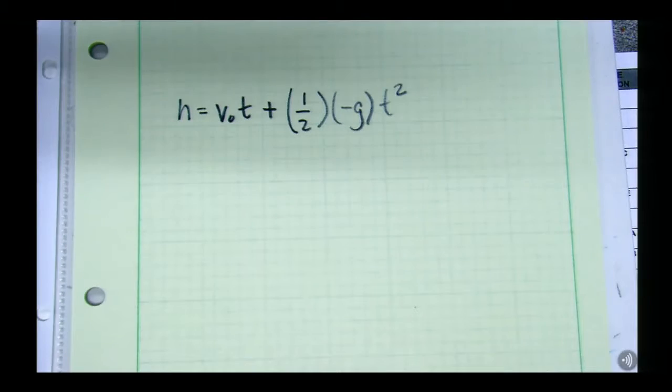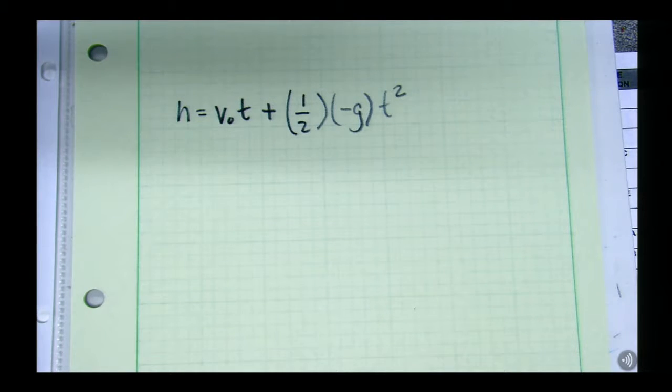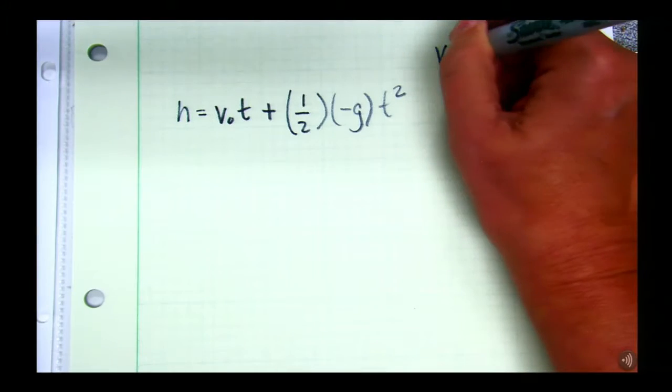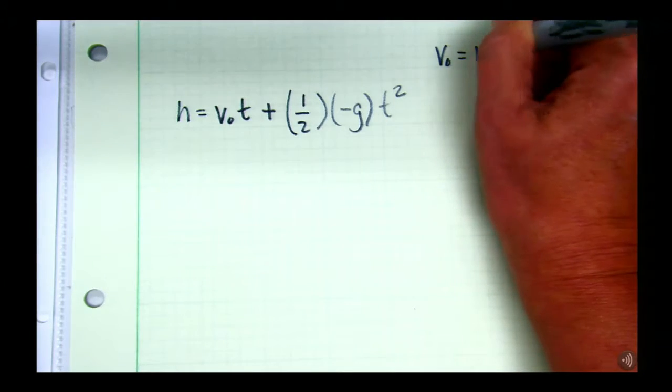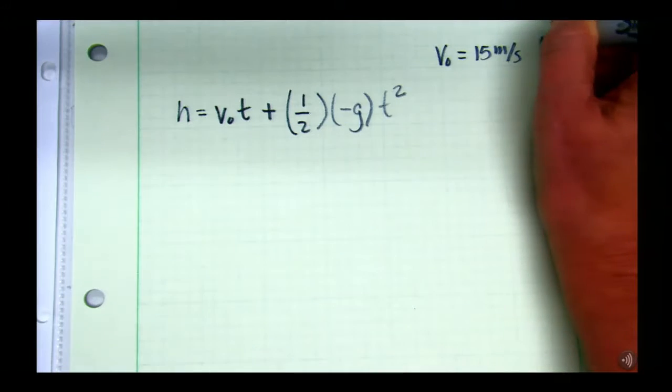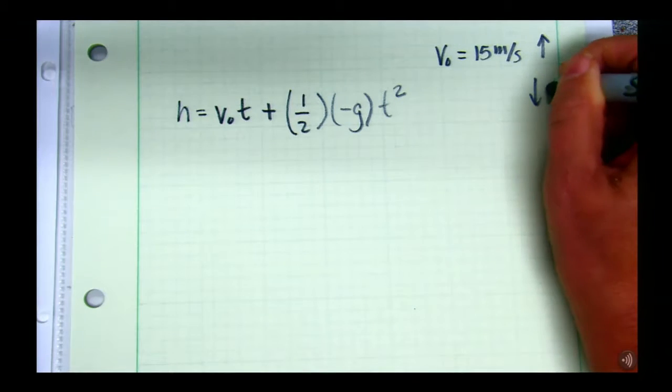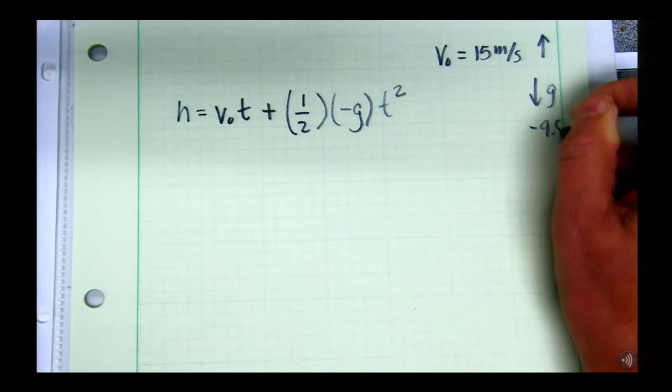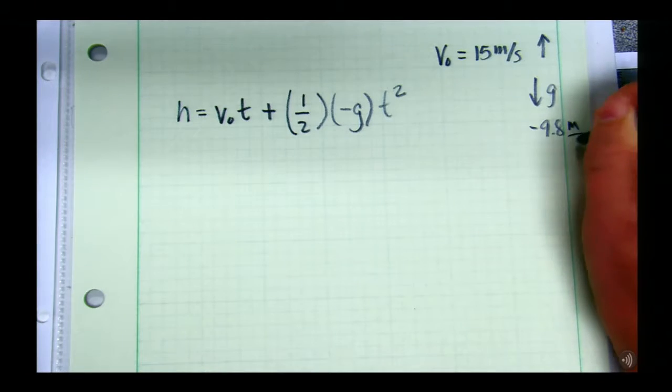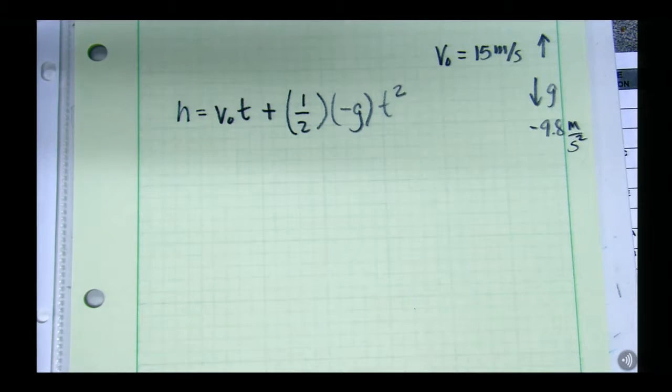Well, that's one of my equations. We knew from the problem that my initial velocity is 15 meters per second, and the acceleration due to gravity is a negative 9.8 meters per second squared. But I don't have time. So this equation is not going to help me out.